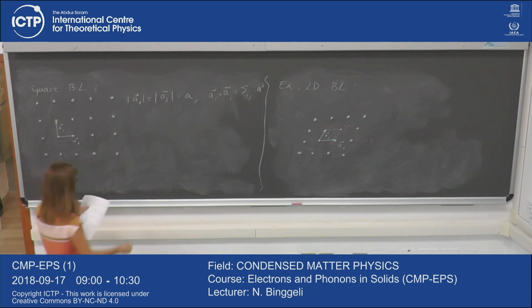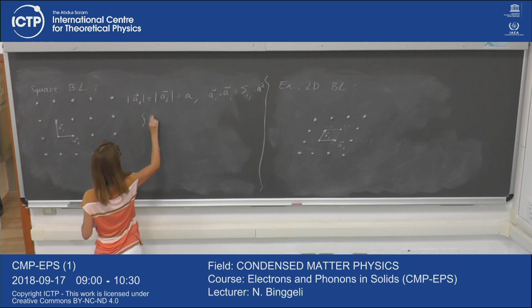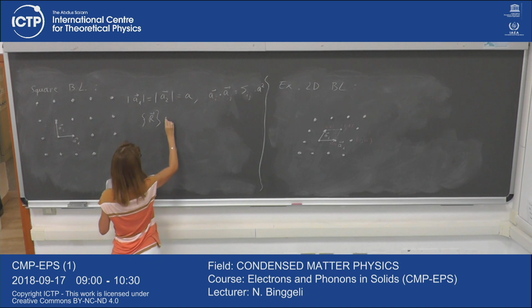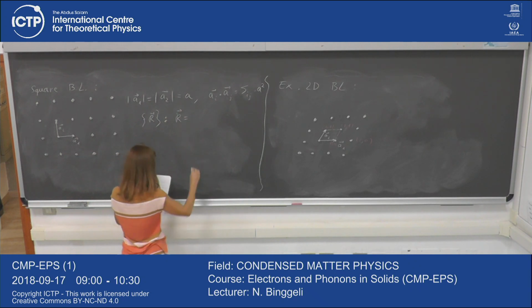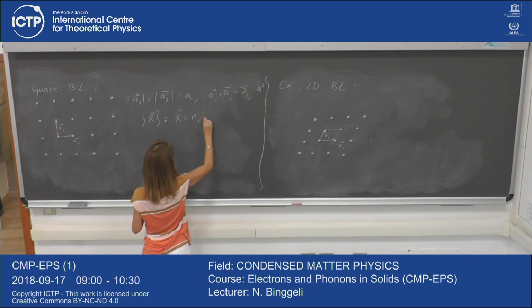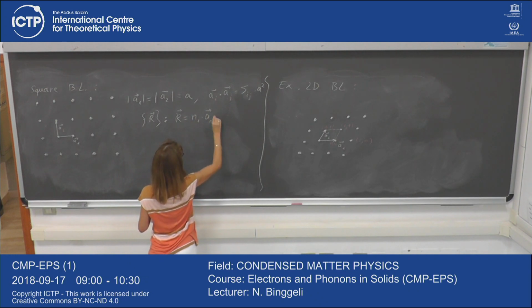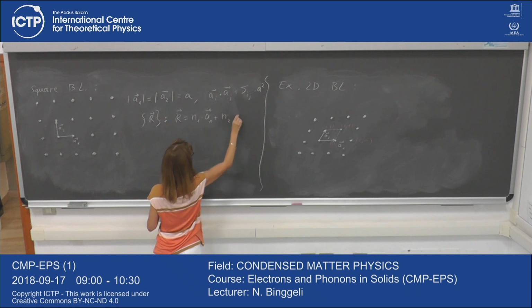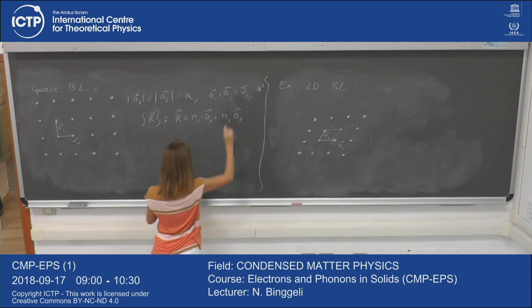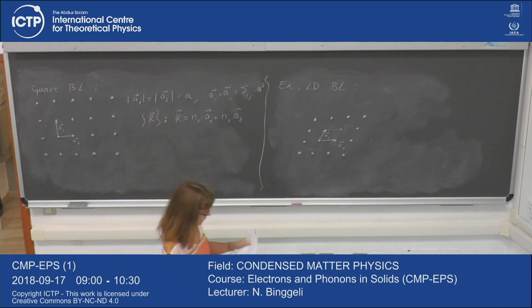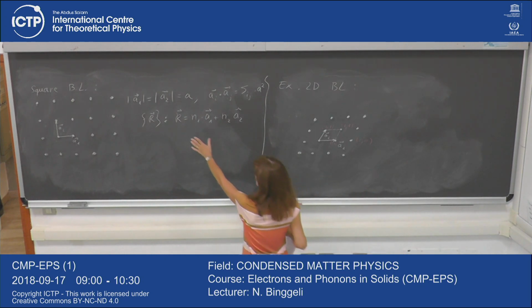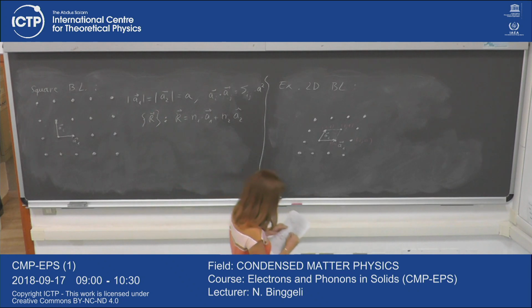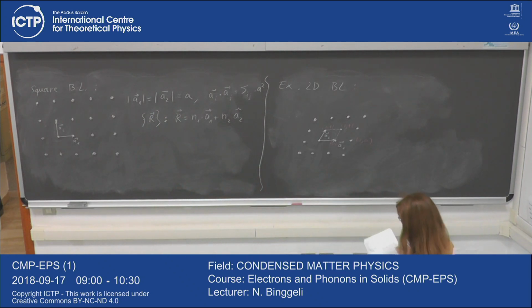So in the square Bravais lattice, I have my points of the Bravais lattice R, given by R equal to n1 e1 plus n2 e2, with n1, n2 integers and these two primitive vectors e1 and e2.